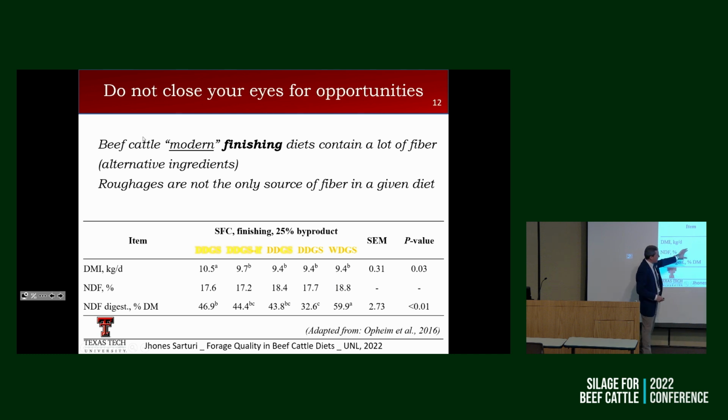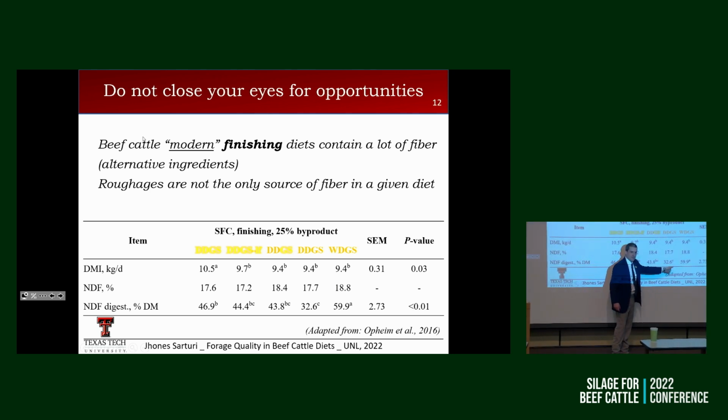So the point I want to make here is that when we look at this NDF digestibility, this is apparent total tract digestibility for these animals, the fiber fraction. And then we go through these columns here, we get to one that kind of claims our attention, right? So we have that one, everybody at 40s, and then we get to one that is 30, right?